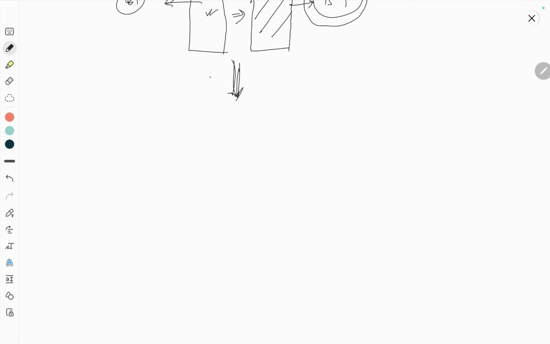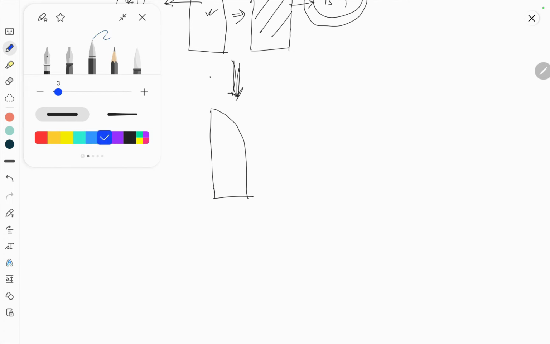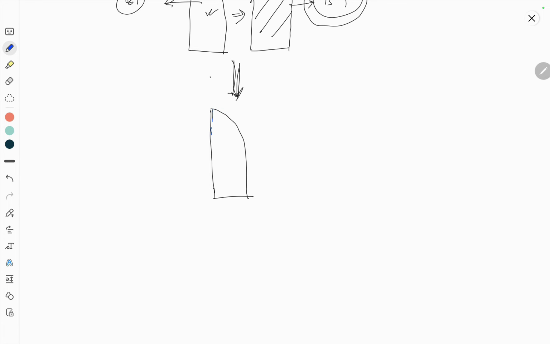So this is your drawing from the elastic theory. Now we superimpose the IS code drawing.